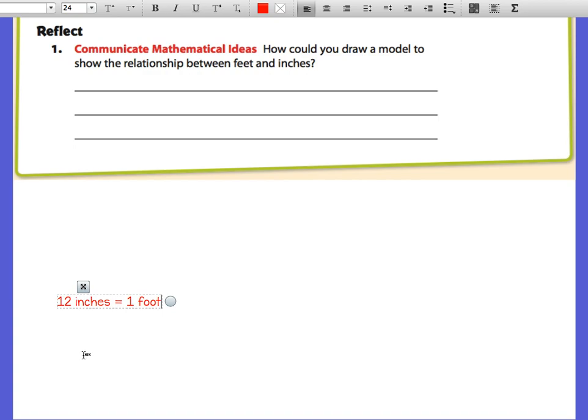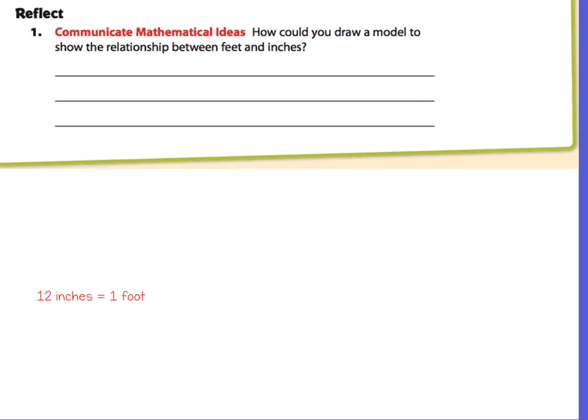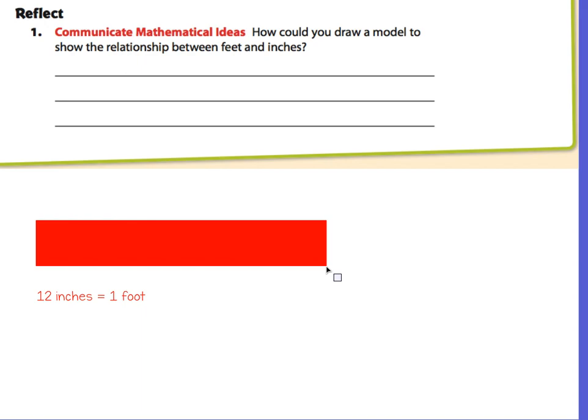So 12 inches equals 1 foot. In that case, every time I draw one large rectangle to represent my foot, I would have to draw 12 smaller rectangles to represent my inches. Now I want to do them in different colors.